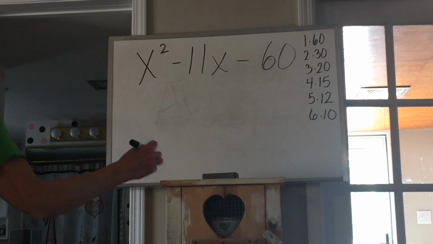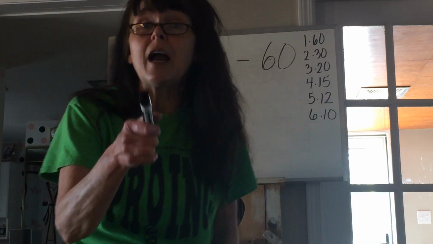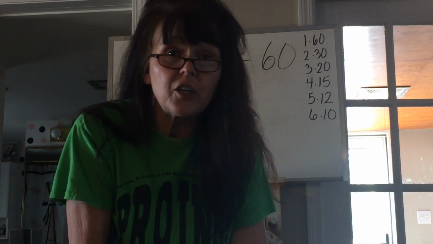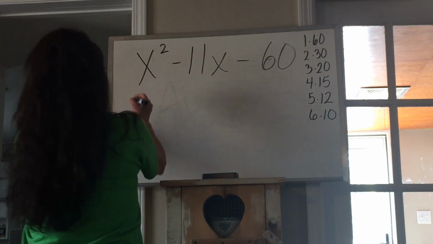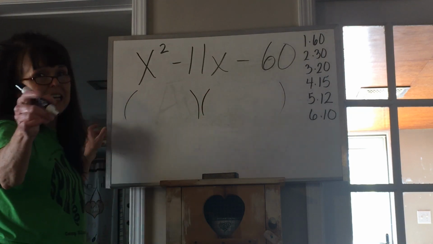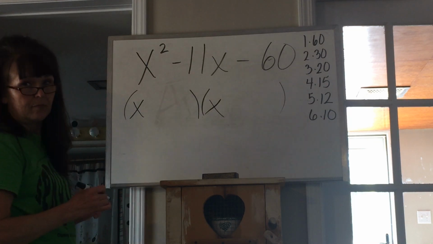Okay, this is going to be great. Okay, what are we doing? Oh yeah, factoring trinomials. What's 3 magic words? Factor, skip, factor. Okay, here we go. How do you factor x squared? Yes, x times x. This is fun.